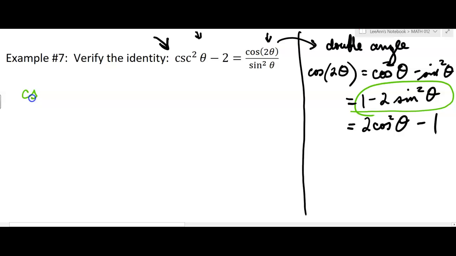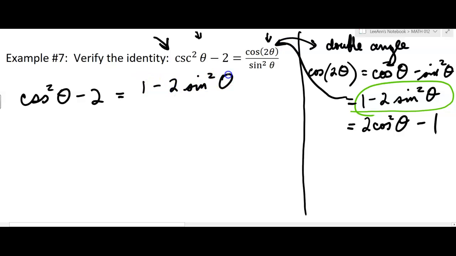So let me recopy this. I don't want it in green. Okay. Cosecant squared theta minus 2 equals, and then I'm going to replace my numerator like this, right? It's going to go right in there. So 1 minus 2 sine squared theta over sine squared theta.